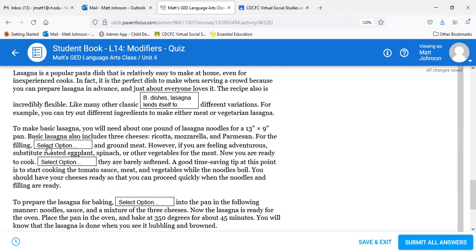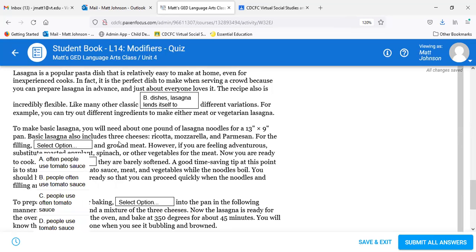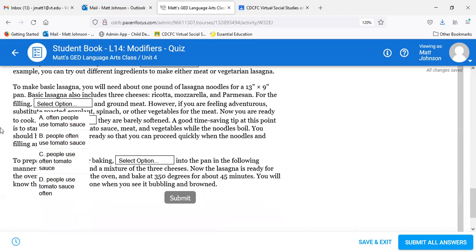For the filling, often people use tomato sauce and raw meat.